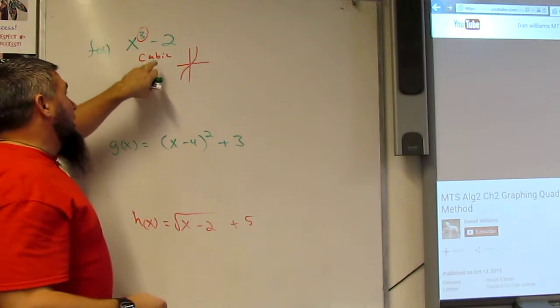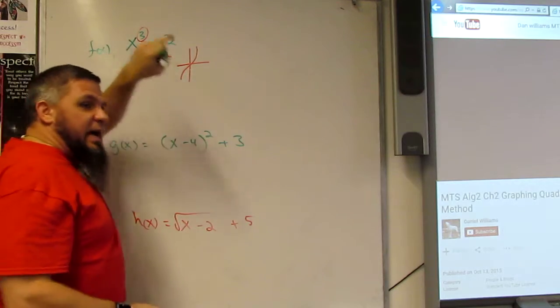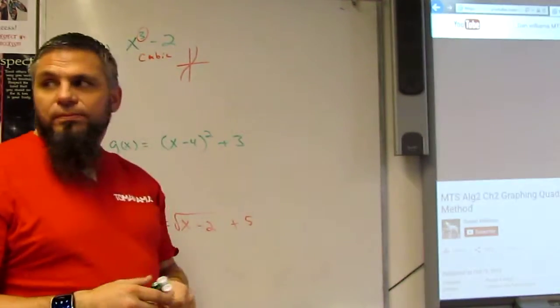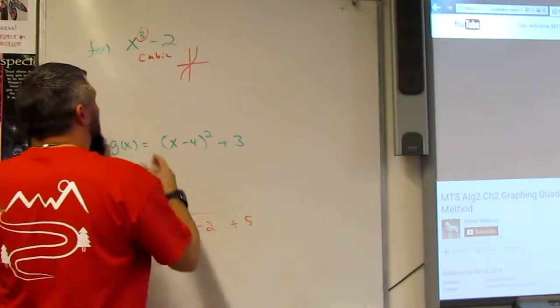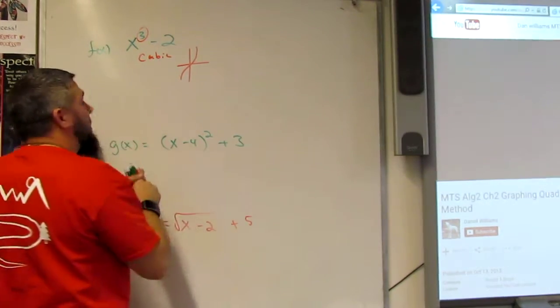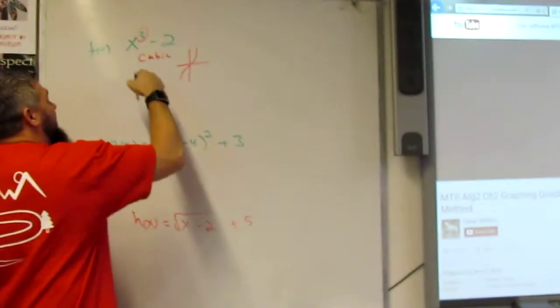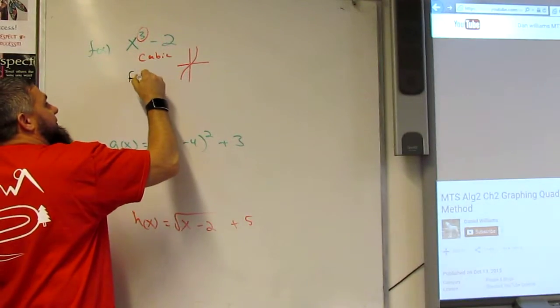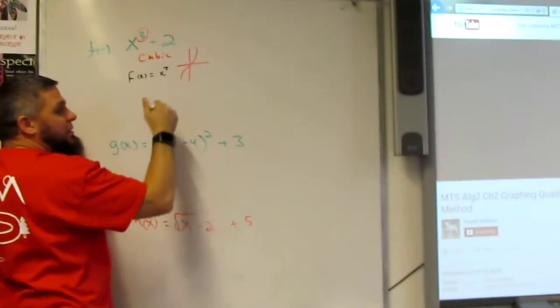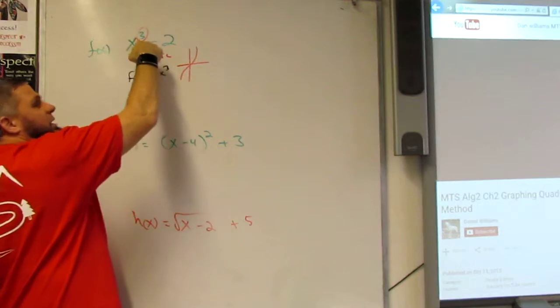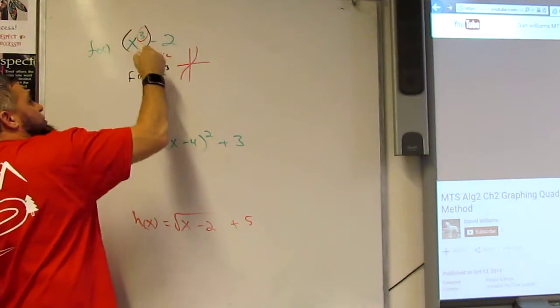Is this negative 2 affecting the x, or is it affecting the cubic function? The whole function, because it's not in the parentheses. What is the cubic function? F of x equals x cubed. So if that's the function, and I'm not working on the x, then I'm working on just the function.